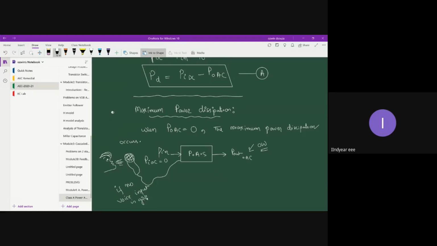On the other hand, if you don't talk anything in the microphone, will you be able to get any sound output at the speaker terminal? No, right? The sound signal is going to be 0. So that is the condition at which P naught AC will be 0.